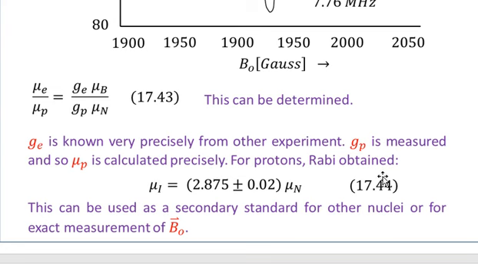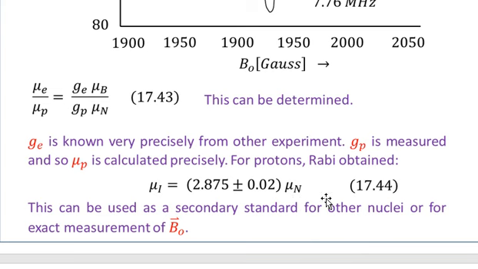For protons, Rabi obtained this relationship, that is the nuclear magnetic moment is equal to, within the parenthesis we have 2.875 plus minus 0.02, multiplied by mu N, where mu N is the nuclear magneton.